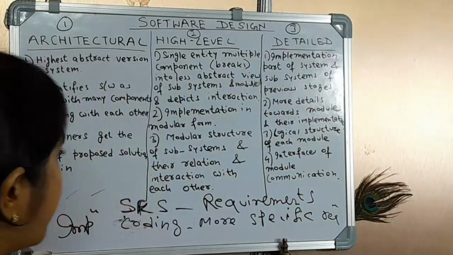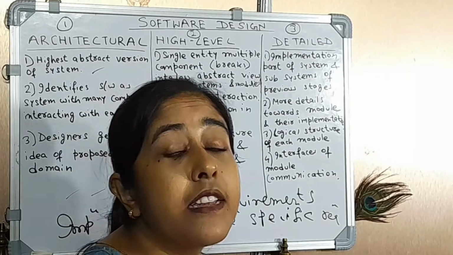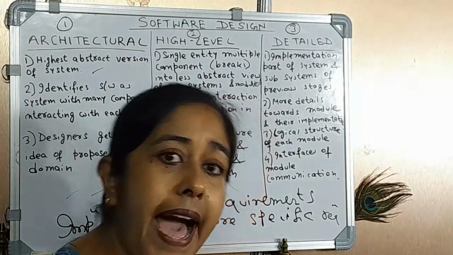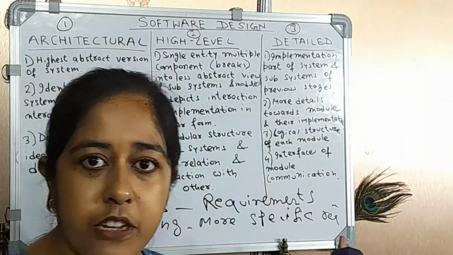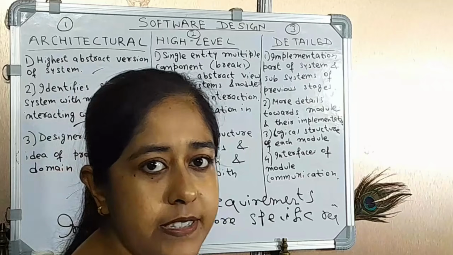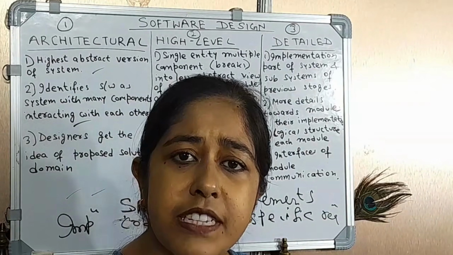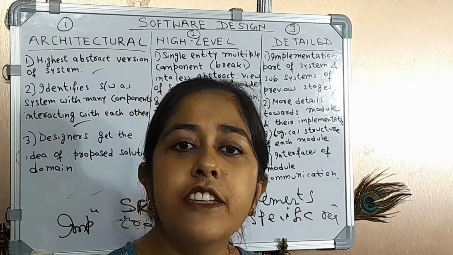Now in this designing phase, first of all, it's the highest abstraction level, since it's the transformation part. Second, it identifies that the whole system has many components, and those components interact with each other and do their work individually.